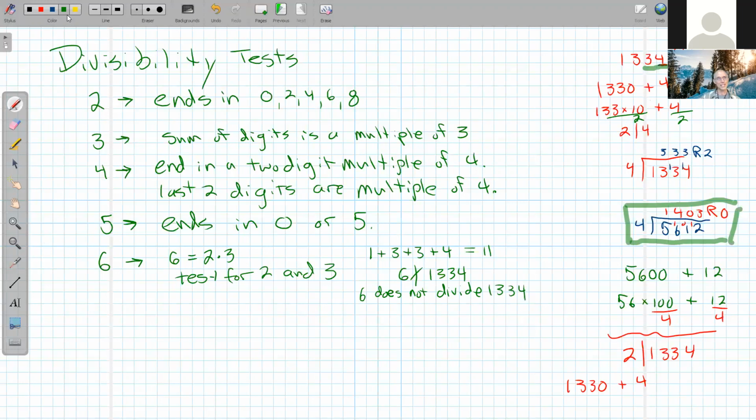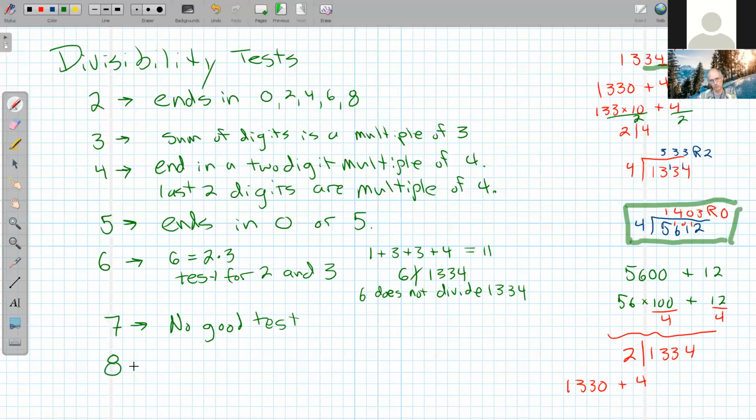All right, 7, it turns out there are divisibility tricks for 7, but it's easier to actually divide. So there is no good test for 7, in my opinion. Any test for 7 usually involves subtracting multiples of 7 from the number, which is essentially what division is, right? We went over that last quarter.